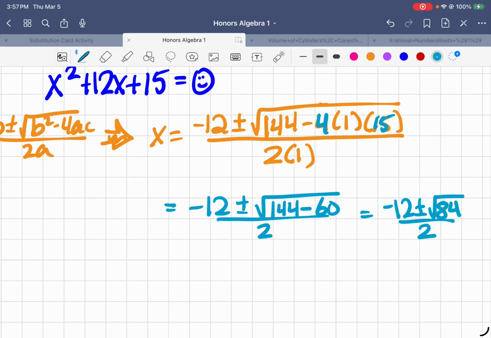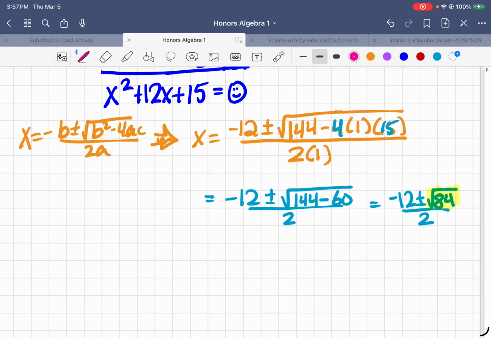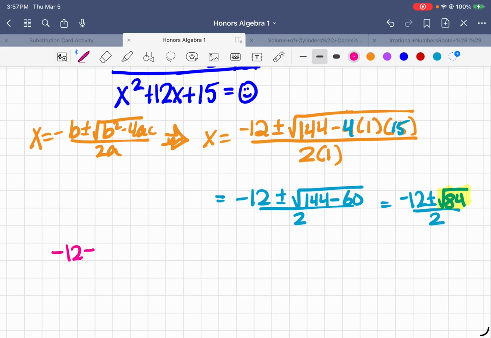This square root of 84 does have a perfect square factor. So negative 12 plus or minus the square root of 84 over 2 is negative 12 plus or minus the square root of 4 times 21. I'll take the square root of 4 here.